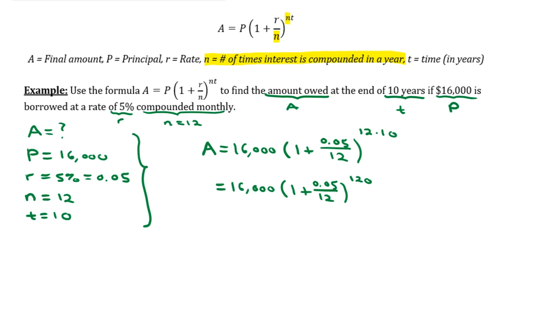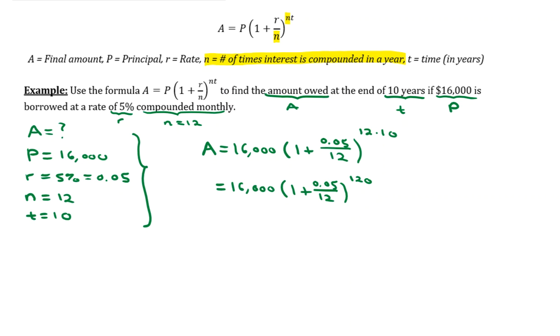And notice that the power on this quantity here is 120. Hopefully that makes sense because throughout a period of 10 years, if interest is being calculated at the end of each month, and there are 12 months in a year, then the total number of times that interest is calculated is 12 times 10, or in other words, 120. So just a couple of things that I felt are noteworthy to include in this video.